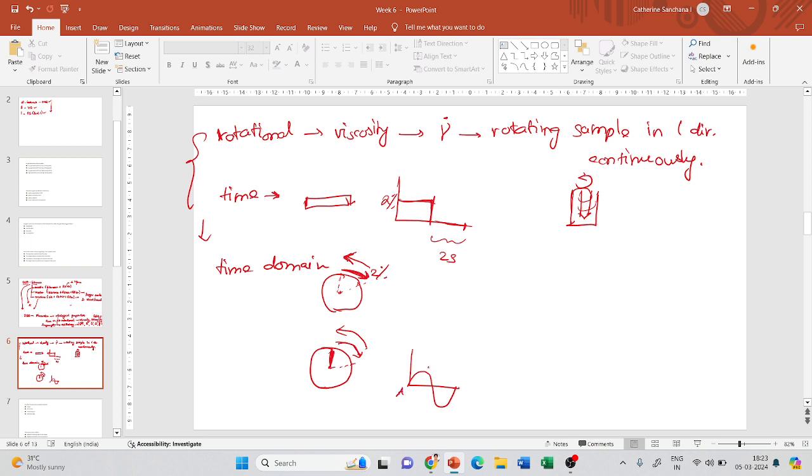Let us say A, B, C. I've shown an animation of this also when we saw small amplitude oscillatory shear. So this will be my B position, this will be my C position, and again it will move in the opposite direction. This will be my D position, and again E position. So this is my way of applying a frequency domain test, sinusoidal loading.